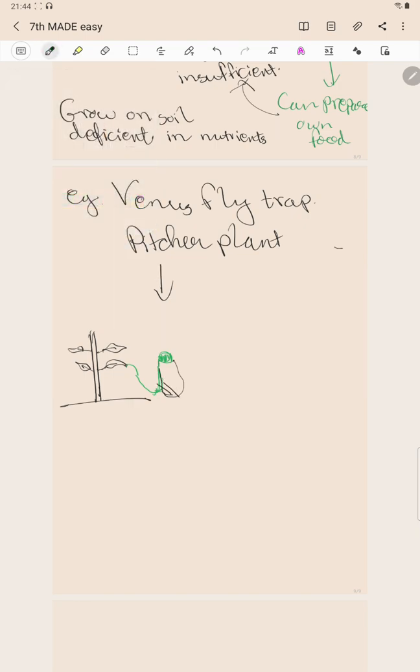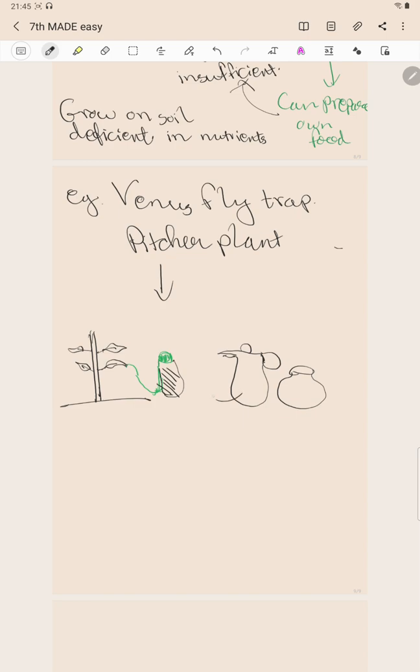Pitcher, you must know, is equivalent to a jug. You must be having one at your home with a handle, and it's called a pitcher. Or maybe you can consider it like a pot, having a large cavity.